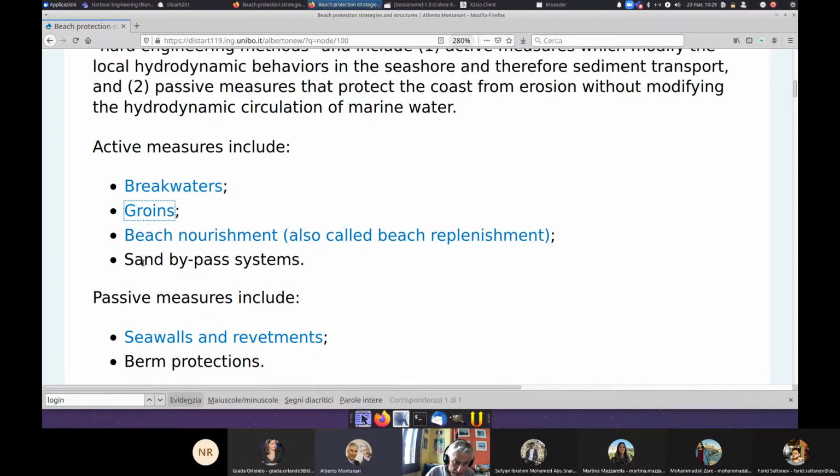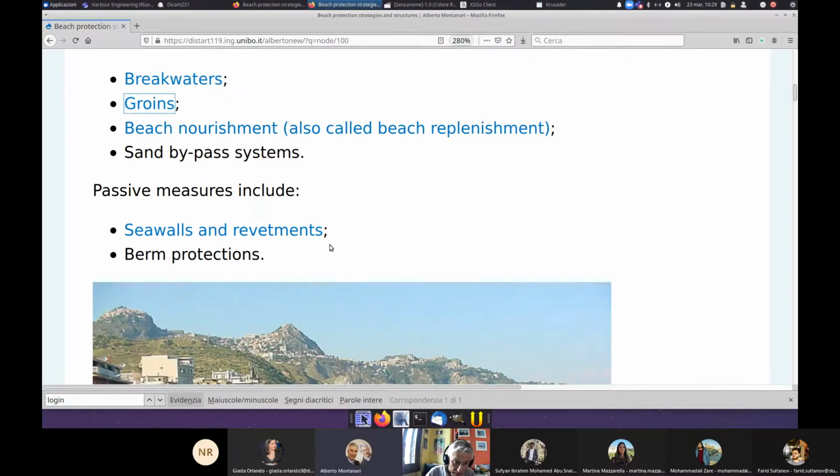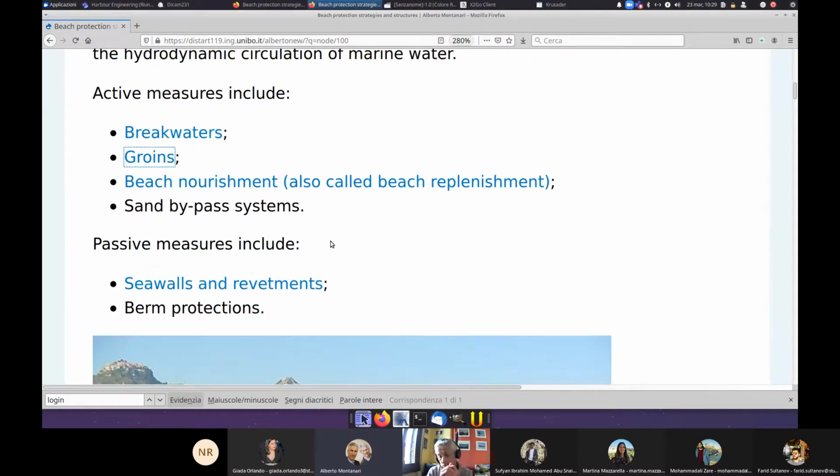And also we have sand bypass systems. Sand bypass systems are extremely important, especially in the vicinity of harbors. What happens when you build a harbor is that usually you have to protect the entrance, and you protect the entrance with groins.